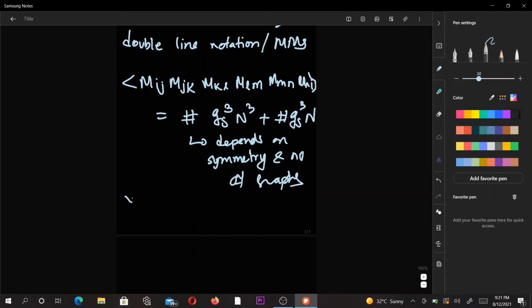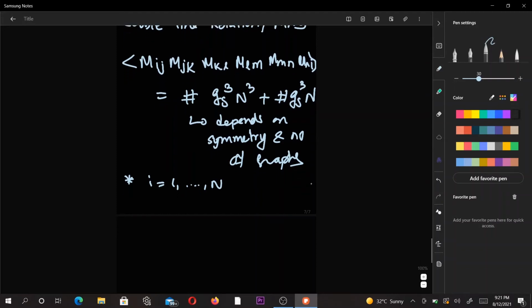A good thing to remember is that our indices i, j, k, l, or whatever, run from 1 to N. You can show it by yourself that you'll get this.